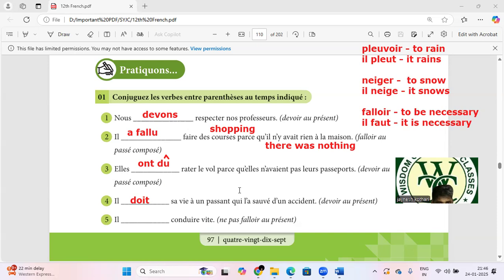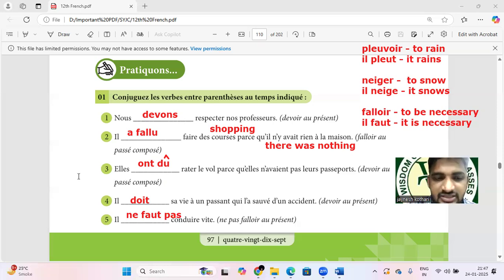And the last one, il ne faut pas, again for present tense. Il ne faut pas, it is not necessary. It is not necessary to drive quickly.